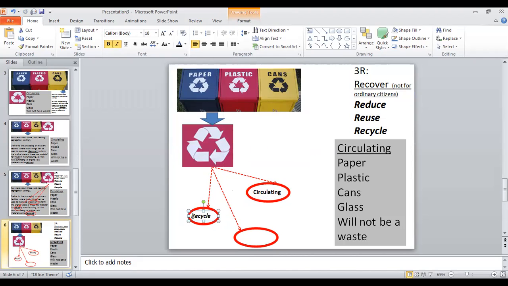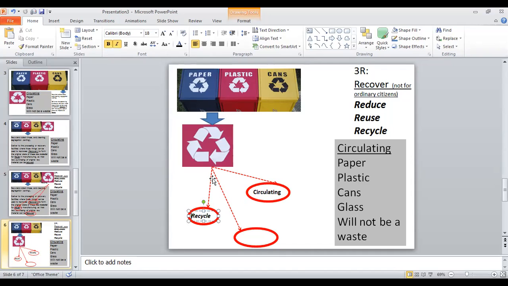Actually, not to say recycling, but this tells that whatever you put here, yes, then it has a relevance of recycling.